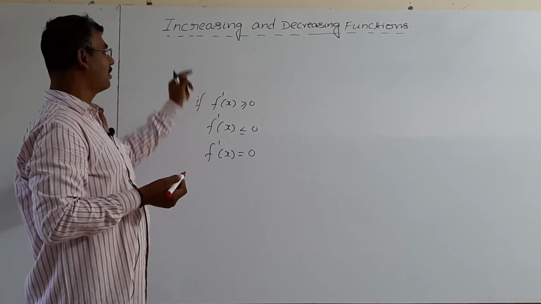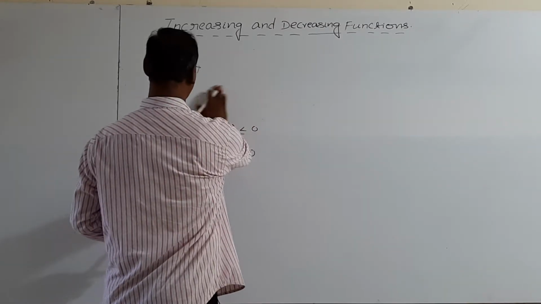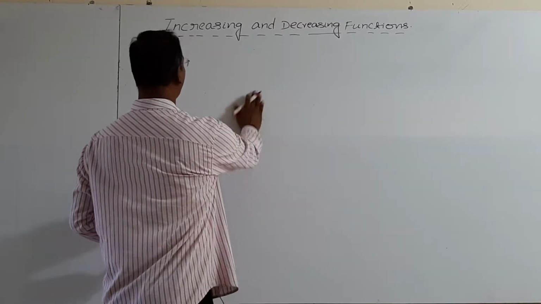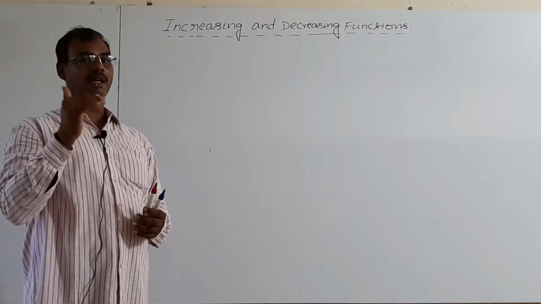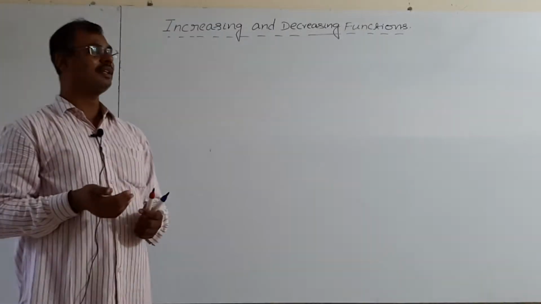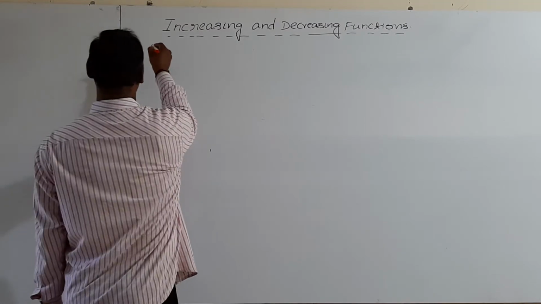So these are the concepts. With the help of these definitions and differentiation, we find in which interval the function is increasing and in which interval the function is decreasing. Let us see problems one by one.